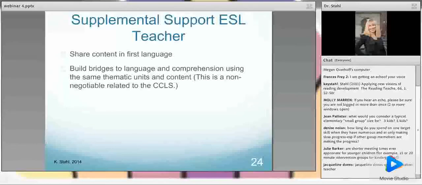What is the topic, the science, social studies, literary topic that you're studying? Work collaboratively with your ESL teacher and your speech and language teacher to build bridges to language and comprehension using these same thematic units and content. This is a non-negotiable related to the Common Core. Comprehension at these ages is imperative.